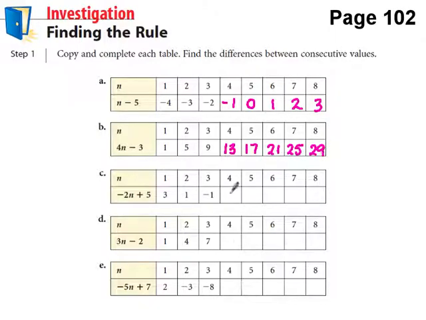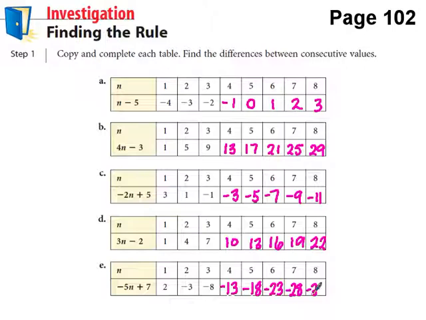Okay, down here? Negative 3, negative 5, negative 7, negative 9, negative 11. What about here? 10, 13, 16, 19, 22. Okay, what about here? 13, 18, negative 23, negative 28, negative 33.